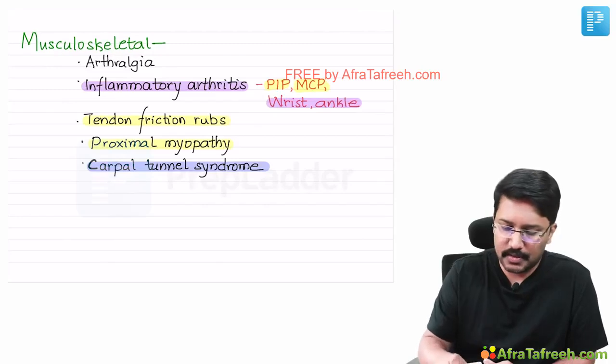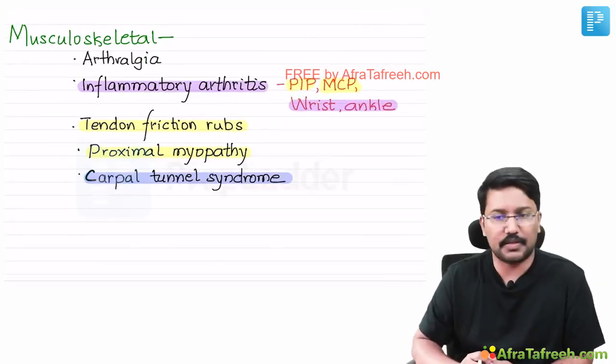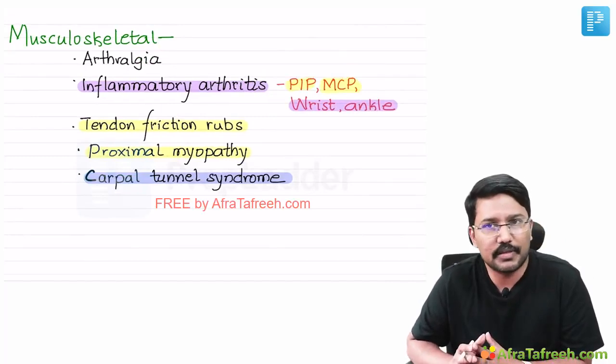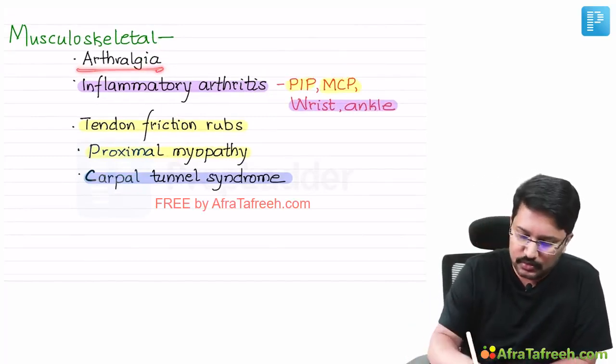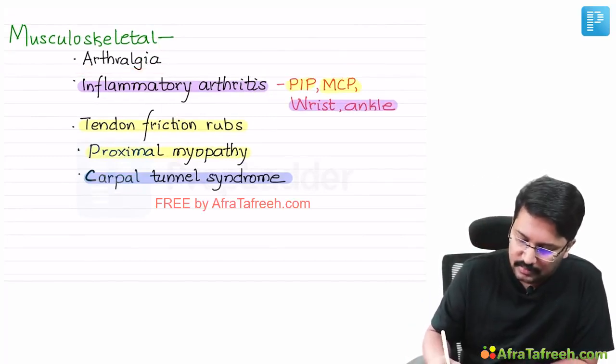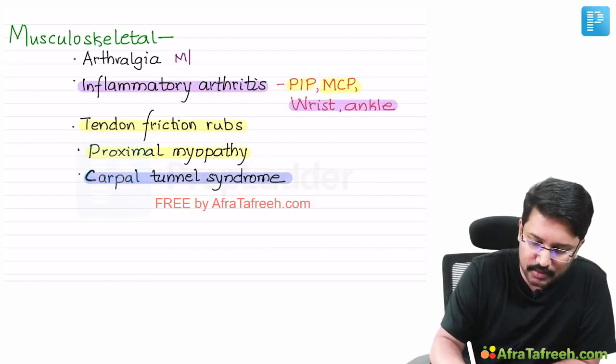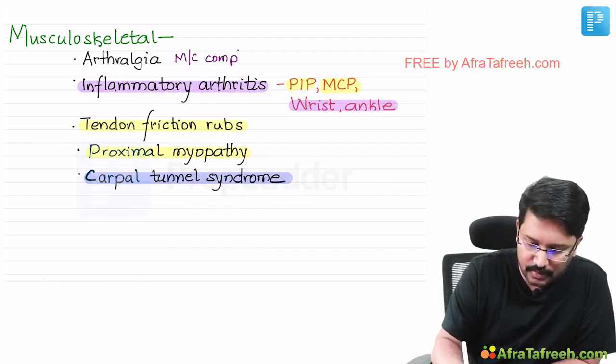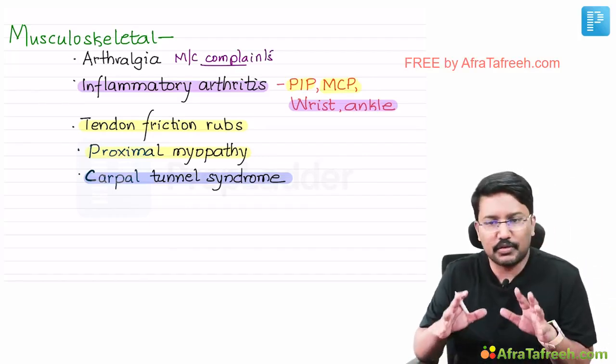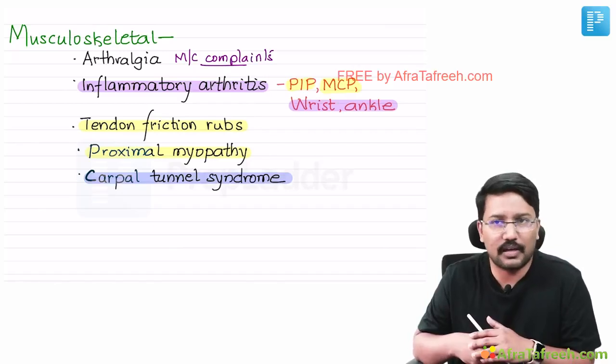Okay, from skin changes, let us move to the musculoskeletal manifestations. What are the musculoskeletal manifestations? Arthralgia is the most common complaint. We already know that in case of limited cutaneous, probably the musculoskeletal involvement is restricted to arthralgia.